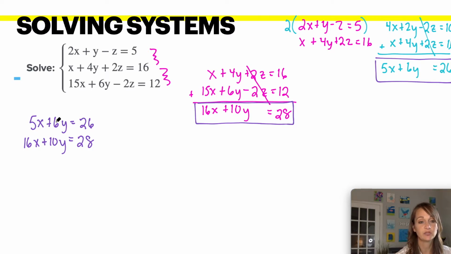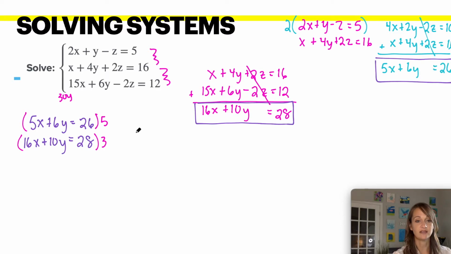The least common multiple between 6 and 10 is going to be 30. So if I need 6y and 10y to become 30y, then I'm going to need to multiply the top equation by 5 and the bottom equation by 3.